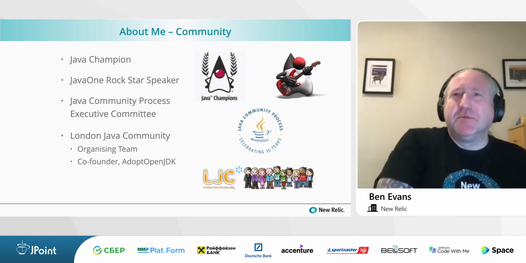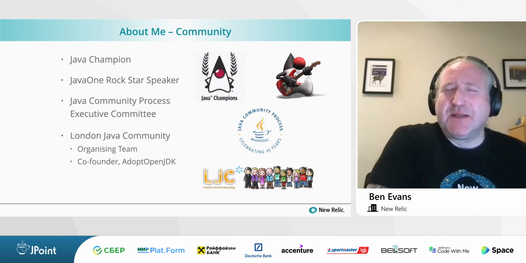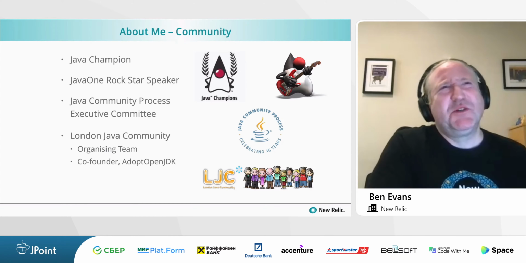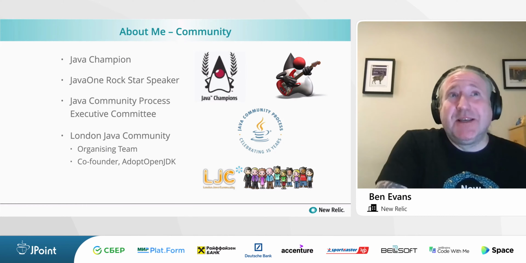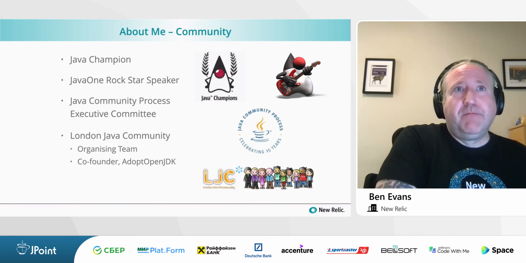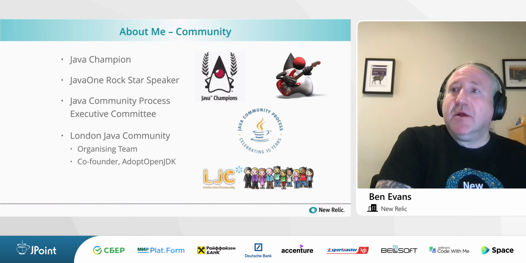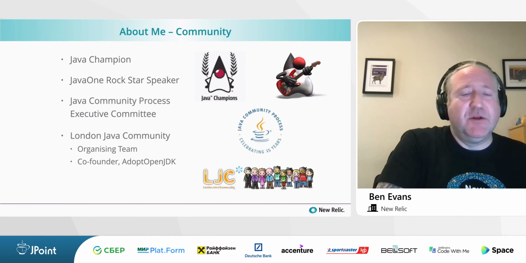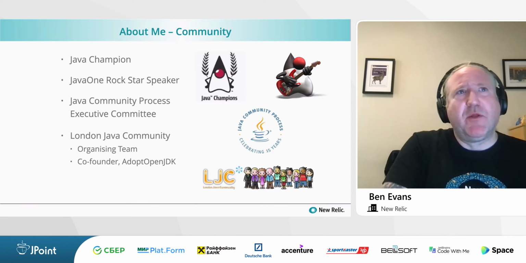I really should update that bullet point because Java One hasn't existed for quite a few years now, and I expect some younger people are wondering what's Java One, which is kind of scary, but there we are. I spent 6 years working on the Java Community Process Executive Committee, which is the body which governs all new Java standards and approves all new JSRs. And that was quite interesting. Seeing the release of Java 8 and Java 9 was quite an illuminating time to be on the committee.